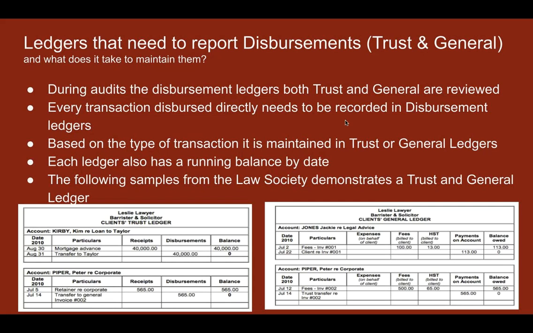Each ledger has the following details as you see at the bottom, with a date, with a description, whether it's a receipt or a disbursement, and a running balance that demonstrates the ledger balance. And you also see that a disbursement can happen only if there is a receipt.